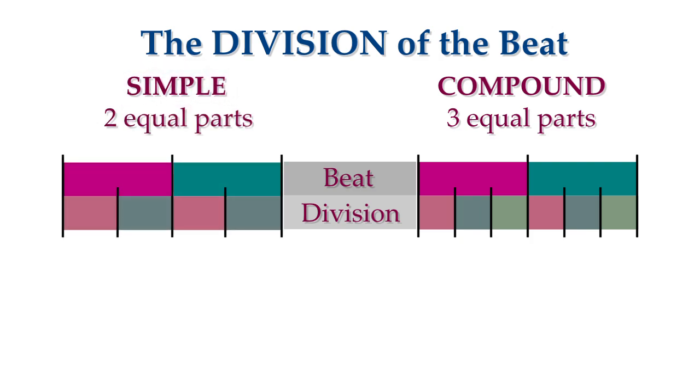Simple division and compound division are the only 2 ways to divide a beat. Now we somewhat understand 2 levels of musical time, the beat level and the division level.